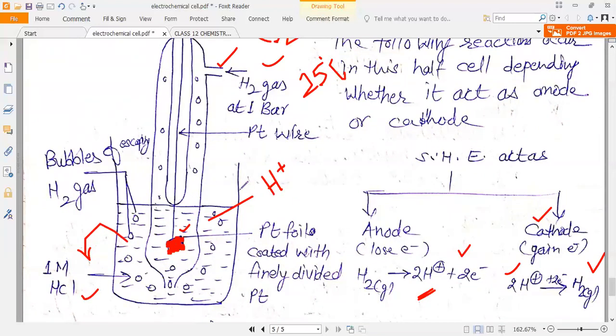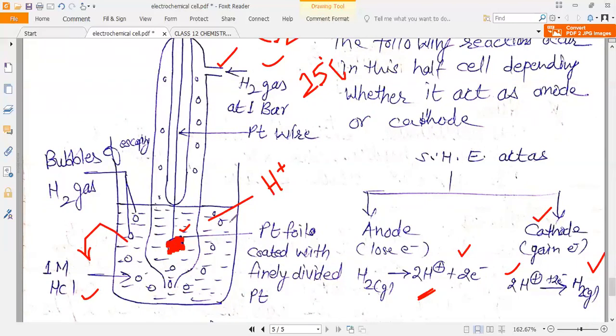And if SHE acts as a cathode, then the H plus ions already present in the 1 molar HCl gain electrons and convert into hydrogen gas, and this hydrogen gas bubbles out from this solution.